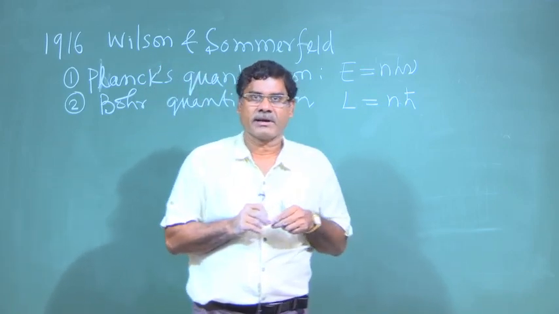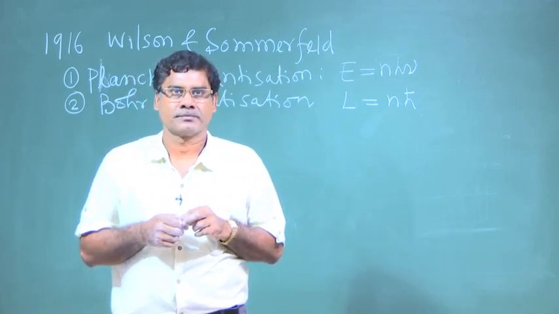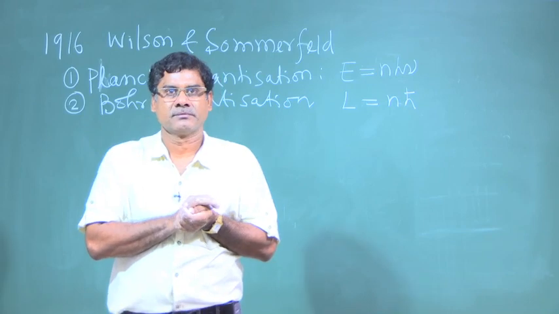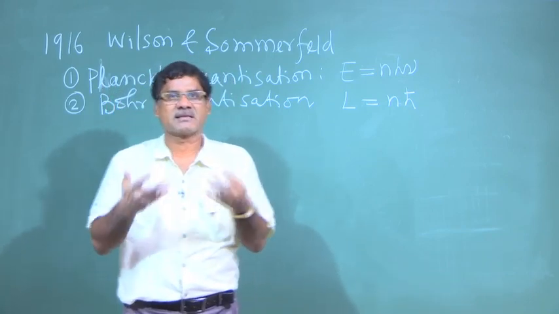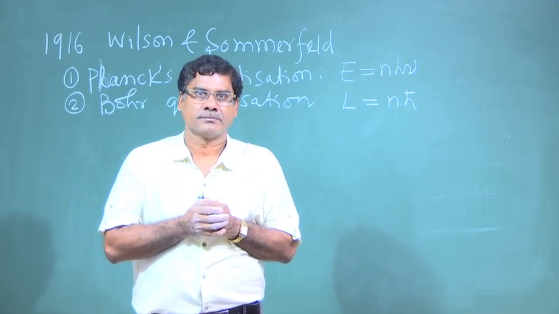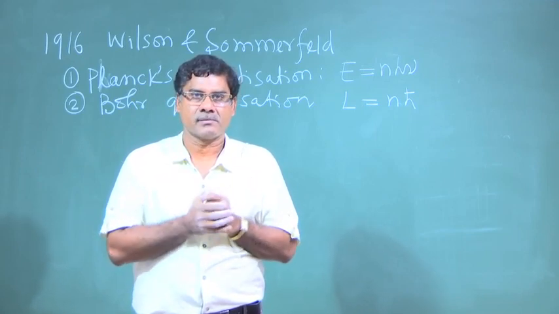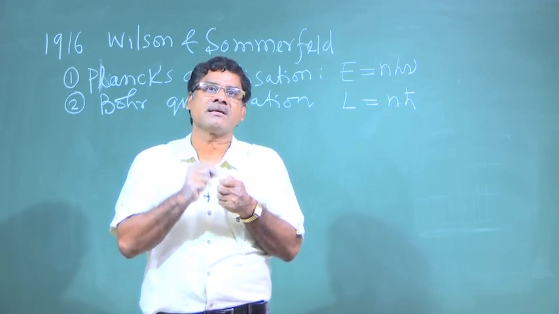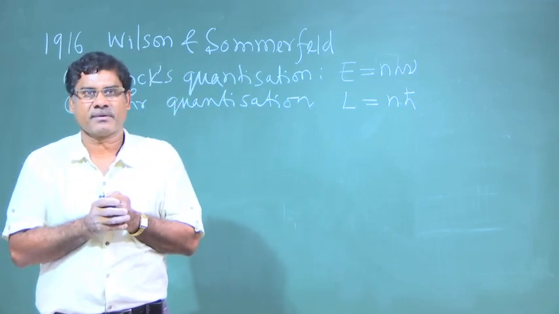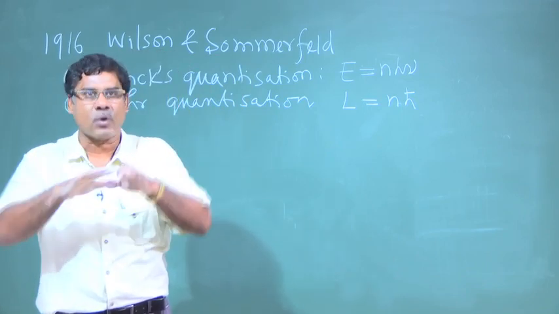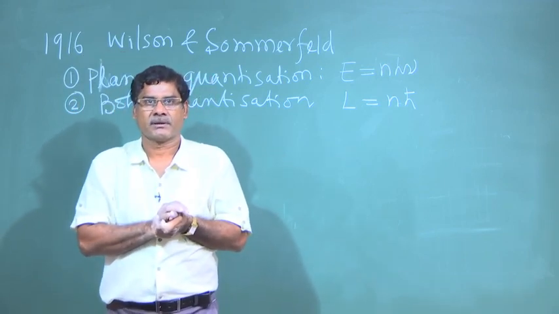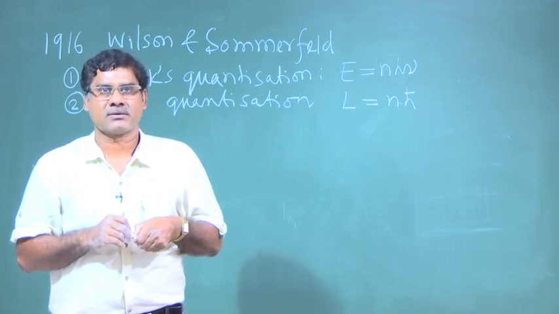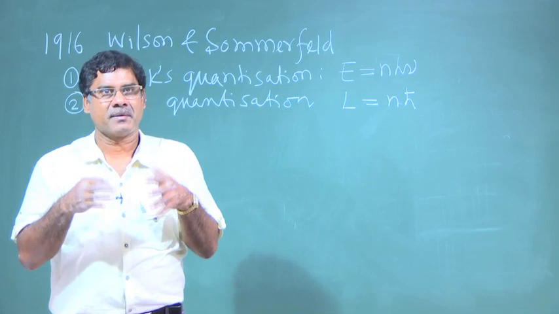They found the general rule that for any system, to describe that system we need coordinates. So, if a coordinate is a periodic function of time for that system, okay, then that parameter has to be quantized.